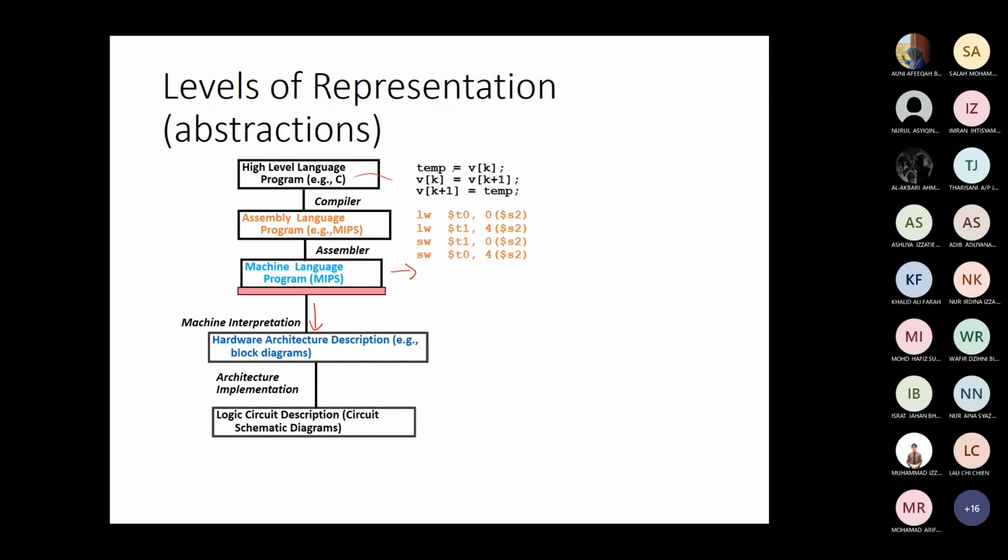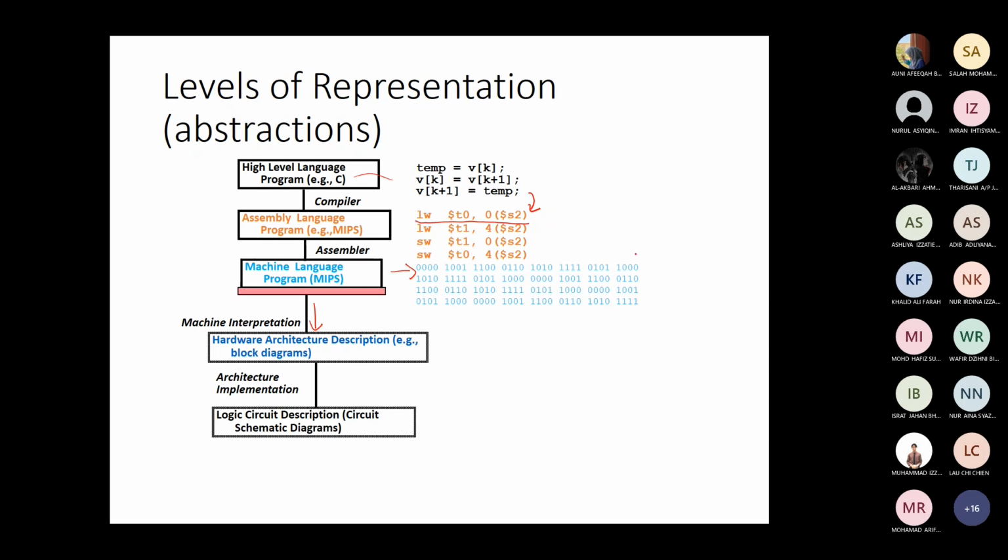Here, first, is your coding in C++, and the compiler changes it into an assembly language program. This assembly language program is then assembled into a machine language program. Because a machine can only understand binary numbers, the assembly code is assembled into machine language.